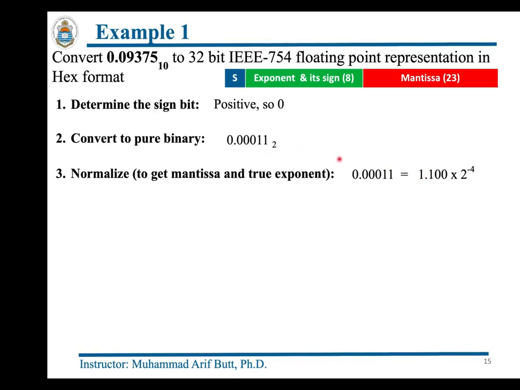So this pure binary number is normalized over here, and since we have moved the binary point 4 positions to the right, we have multiplied it by 2 raised to the power minus 4. Now to convert the real or unbiased exponent minus 4 to the biased exponent, we need to add 127 and get 123. And then we need to convert this 123 in base 10 to its corresponding 8-bit binary number, so that this can be stored over here in these 8 bits.